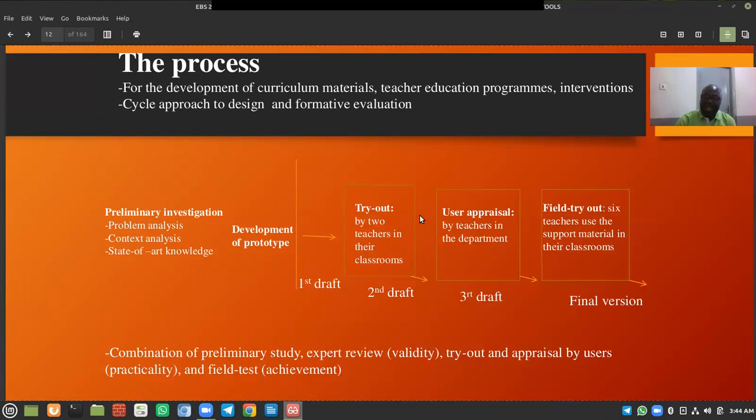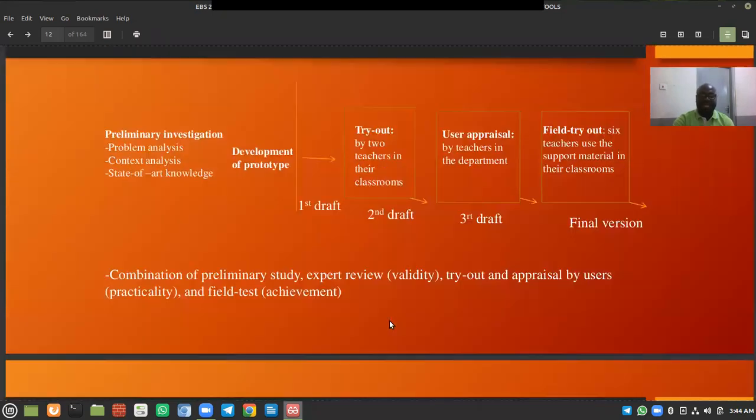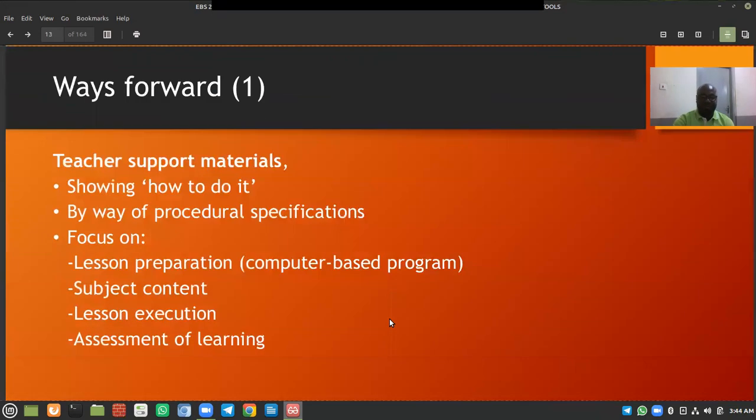And then we try it out and have appraisal by others, which gives us the practicality, the extent to which what we are designing can actually be used, before finally we get to the achievement component, which would be carried out in the field test.